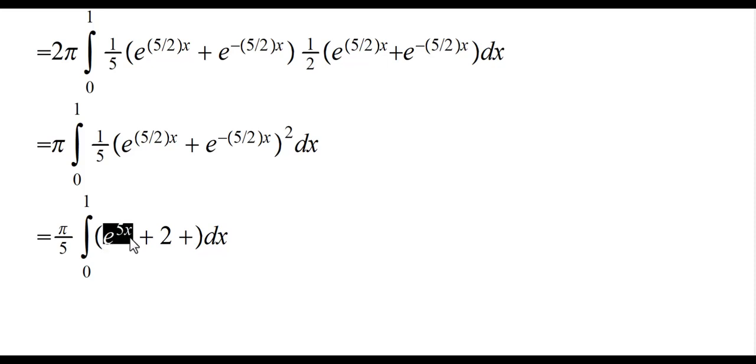Okay, and then at the end the other square would be how much? E to the negative 5x. Then using the substitution rule, we shall get our integral right here.